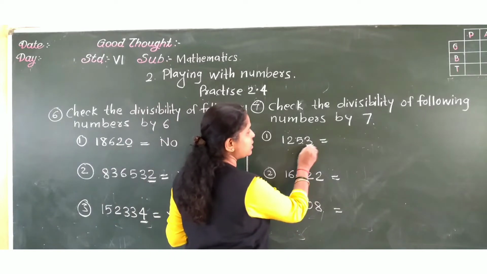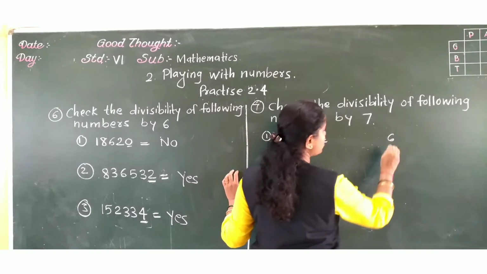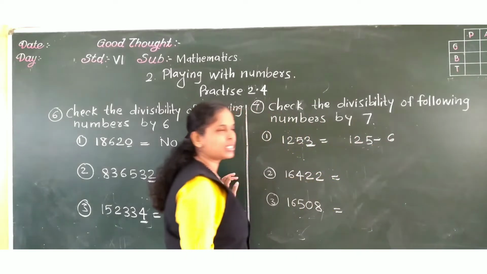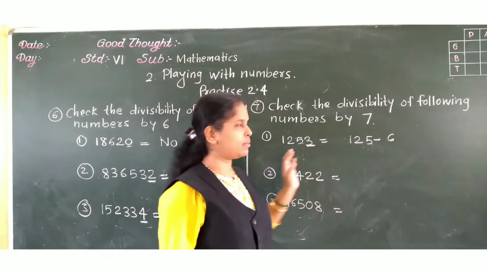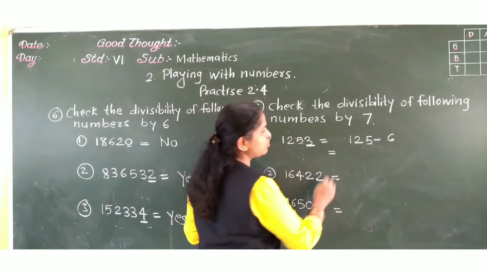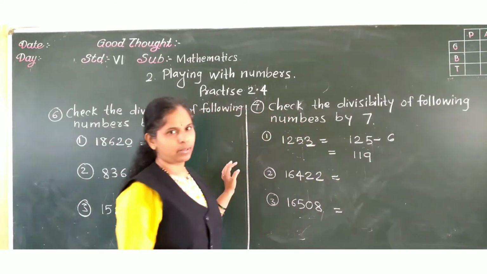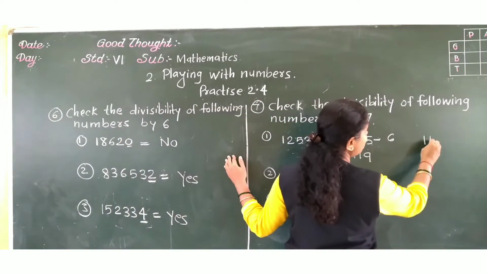Now here what is the last digit? 3. What is double of it? 3 2s are 6. And we have to subtract it from 12, which is 125 minus 6. So what will be the answer? 119. Now 119 can be divided by 7.